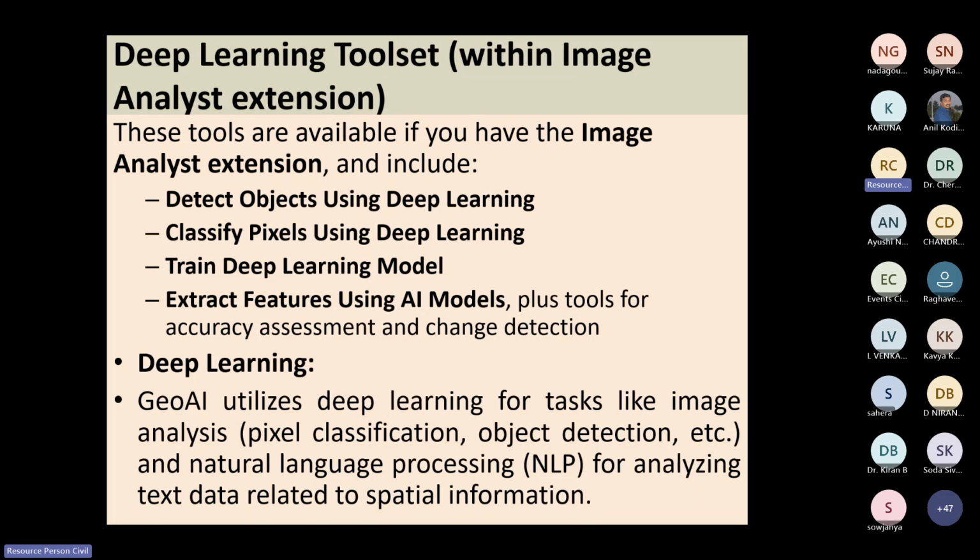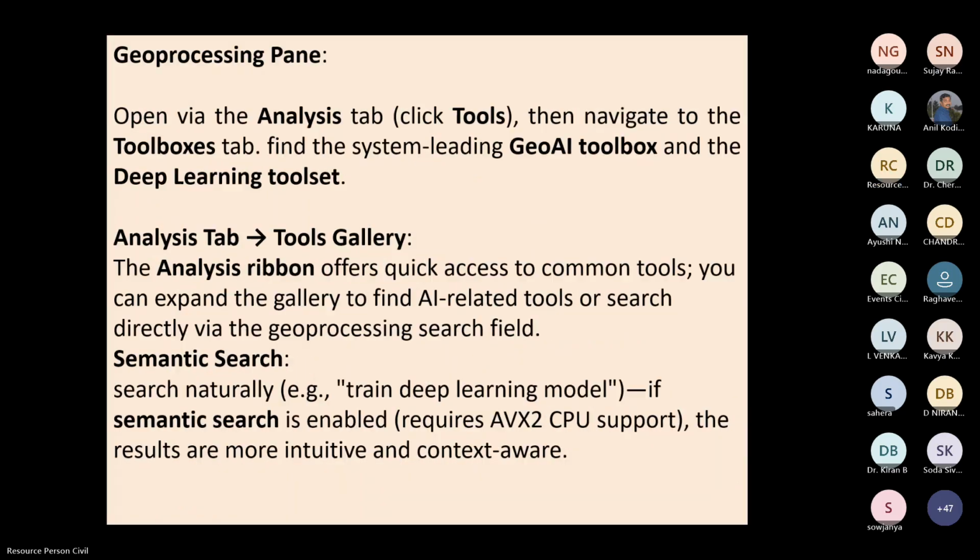If you practice on that, you can know the advantage of the AI tools and models. These tools are available in the geoprocessing panel. In that panel, the AI toolbox is available. With the help of that ribbon, you can do these kinds of analysis.